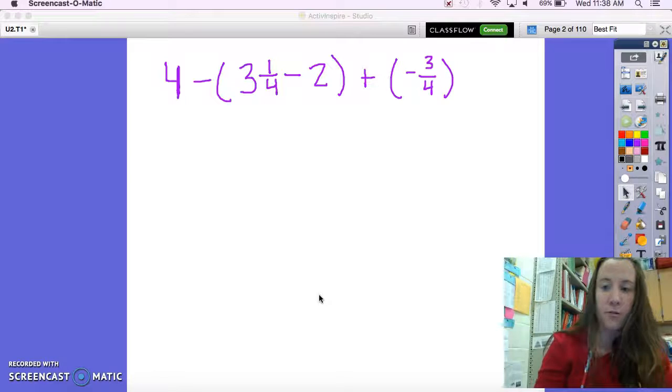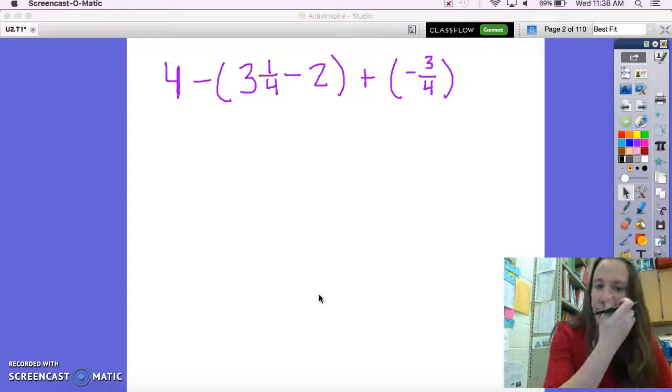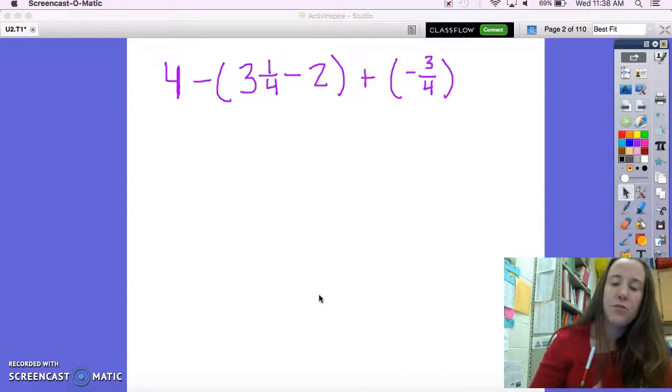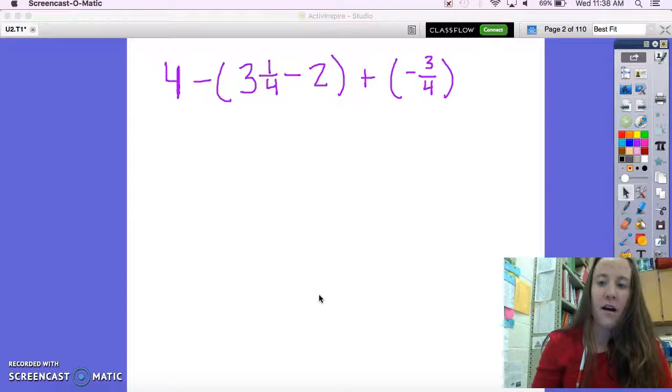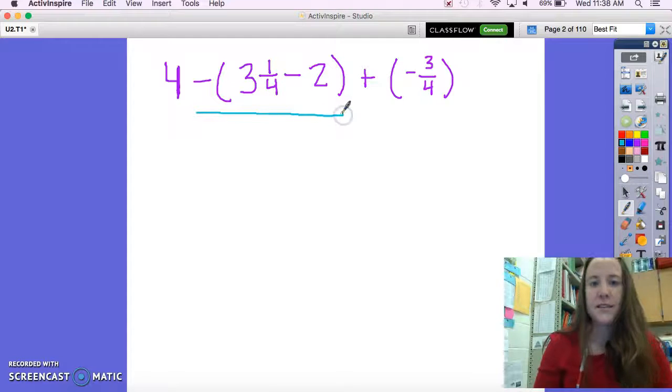So I'm going to go through one way where I can try to use as many different strategies as I can. In this problem, we've got 4 minus the quantity of 3 1/4 minus 2 plus a negative 3/4. This we haven't really specifically talked about in class, but I want to talk about this minus this quantity in parentheses.